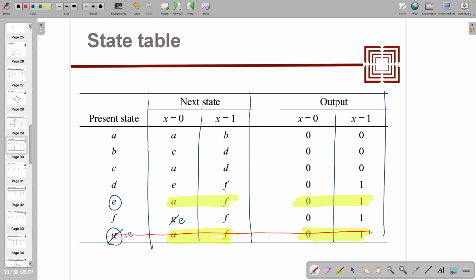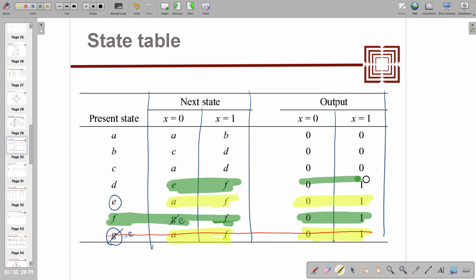I am trying to reduce the states now. Now look at the other one. This D state and F state look the same, right?